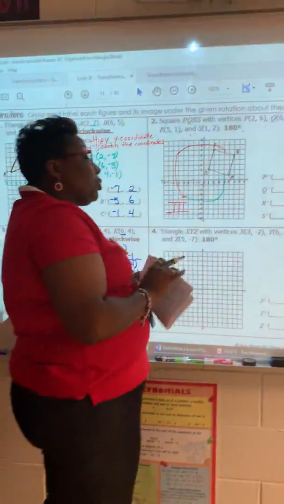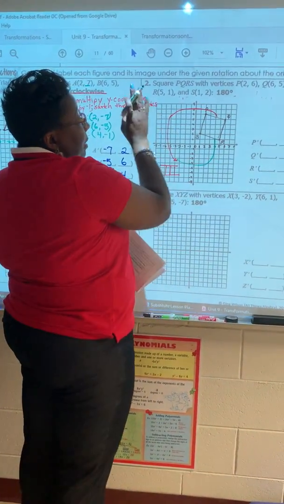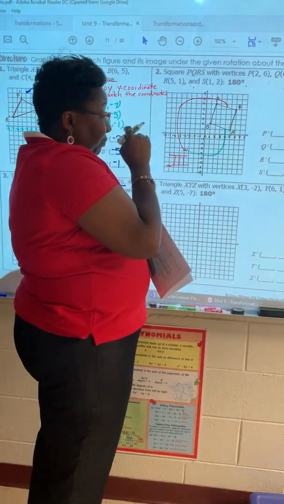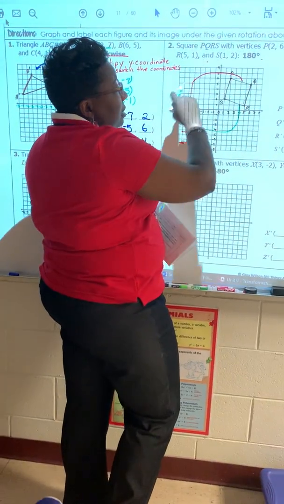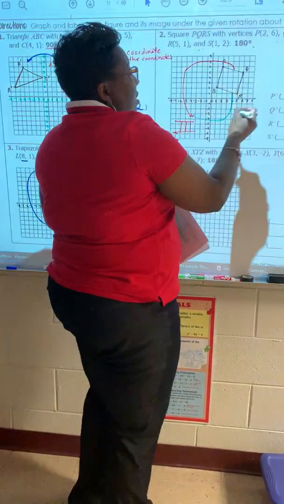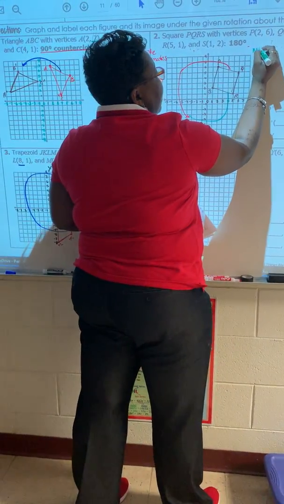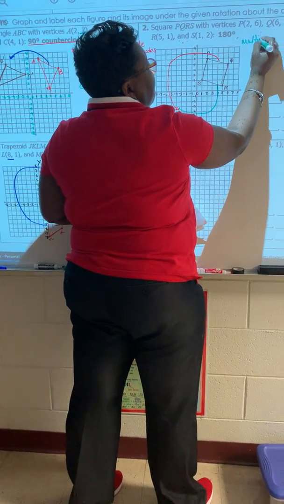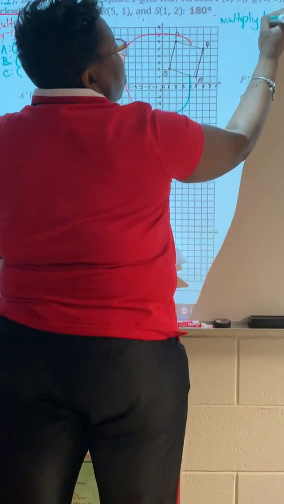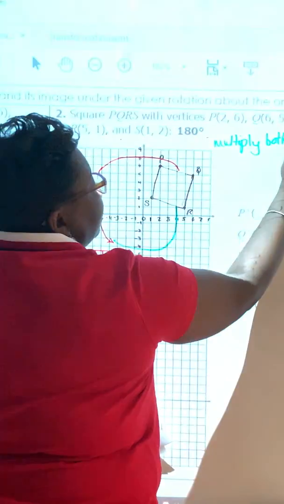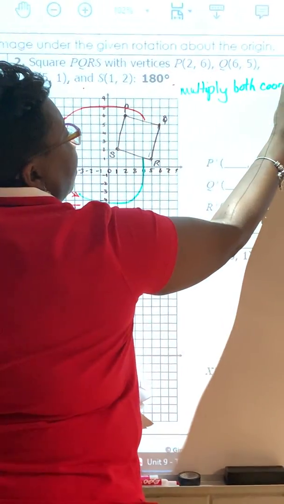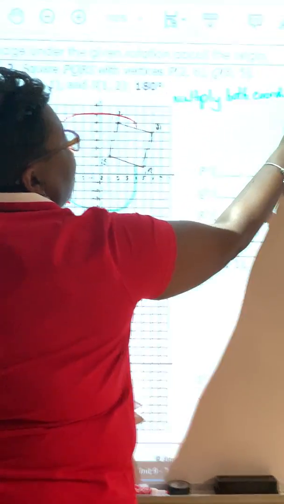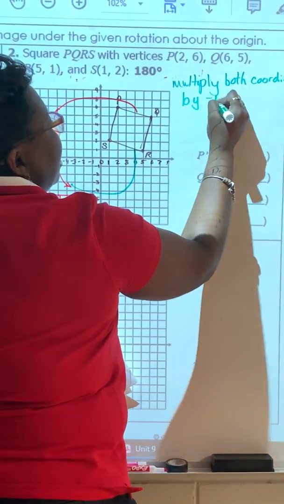Now, we do have a rule, so if you go back and look at your notes, when you are rotating 180 degrees, we say that we need to multiply both coordinates by -1.